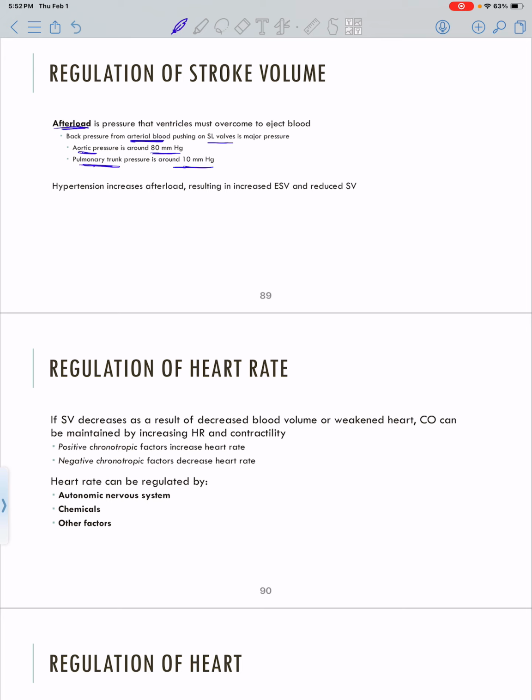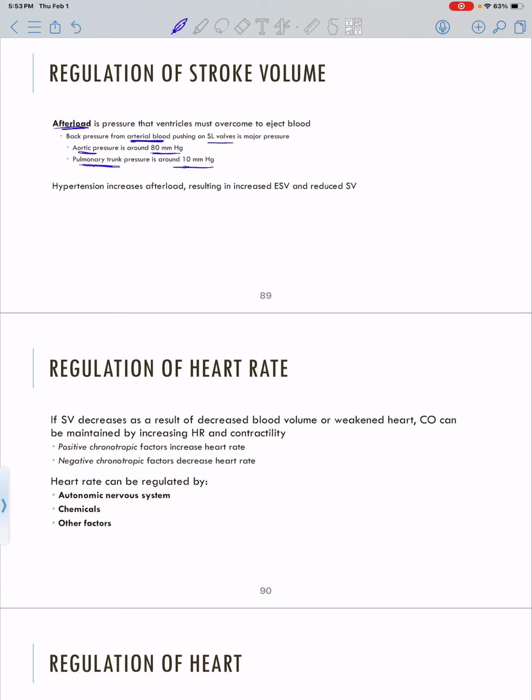Hypertension also can increase afterload, and that's going to result in a higher end systolic volume as well as a reduced stroke volume. So what hypertension does is it basically reduces the ability of your ventricles to eject blood, and that's going to mean that you're going to have more blood stay in your ventricles after contraction or after ventricular systole, which means you're going to have a higher end systolic volume and ultimately a lower stroke volume.